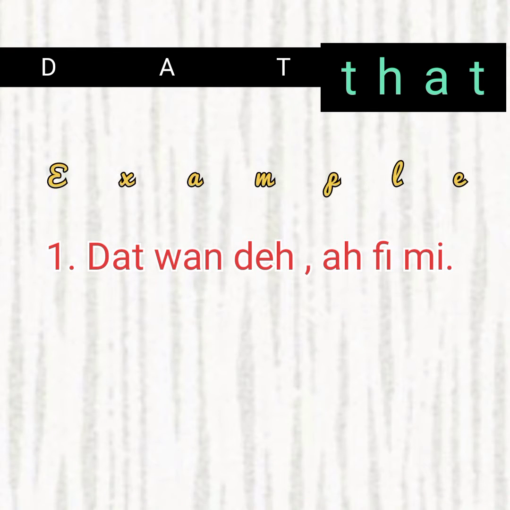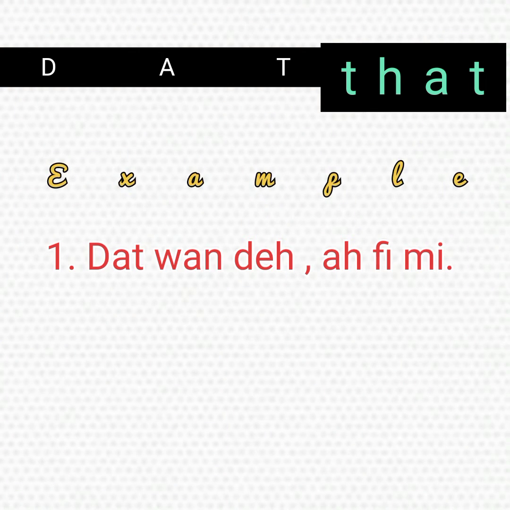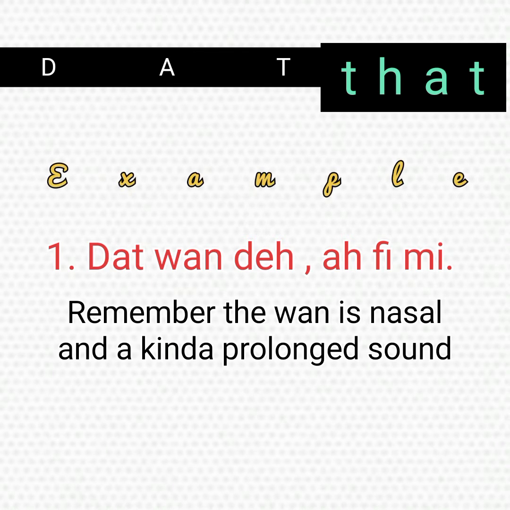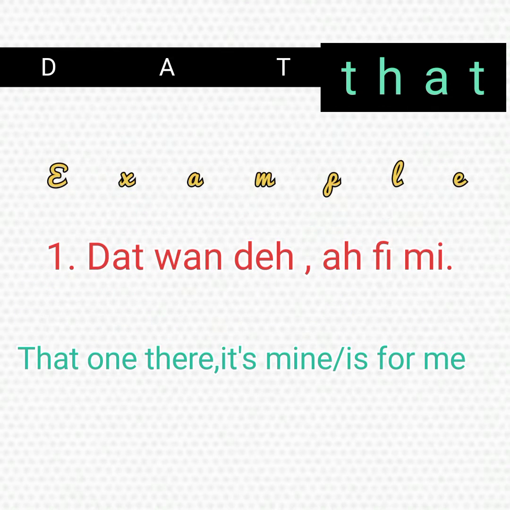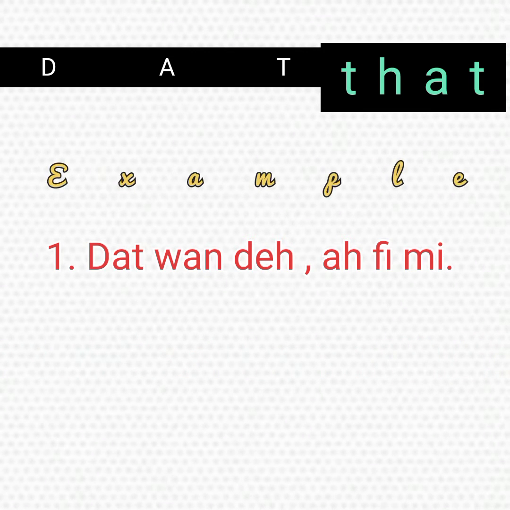Now, say that one there after me. That one there after me. Remember the one is nasal and kind of a prolonged sound. That one there after me, which means that one there is for me, or it's mine. So don't try to covet. The Bible says do not covet.